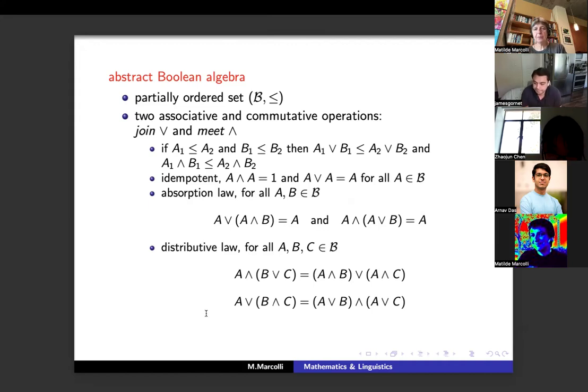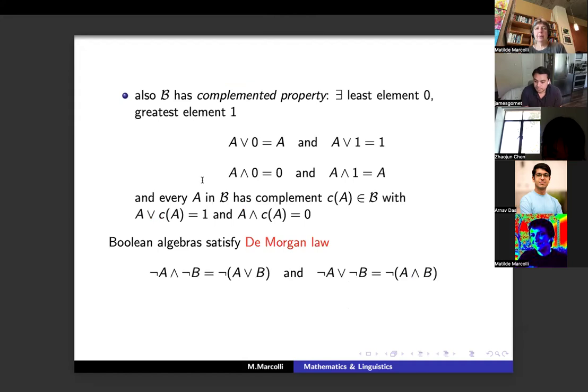In particular, a Boolean algebra has a complemented property. There is a zero, the least element, and a one, the greatest element, with these properties with respect to the two operations.